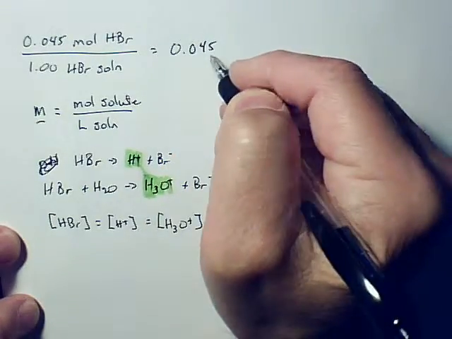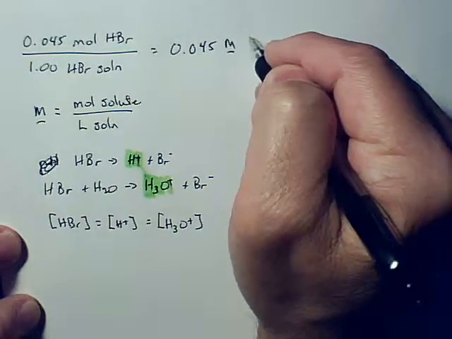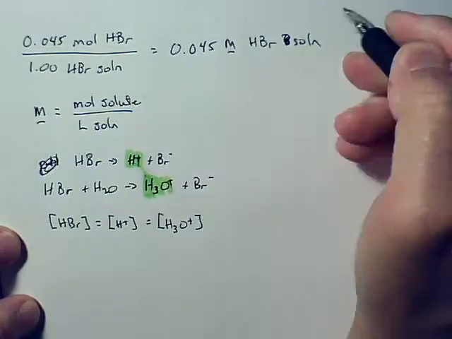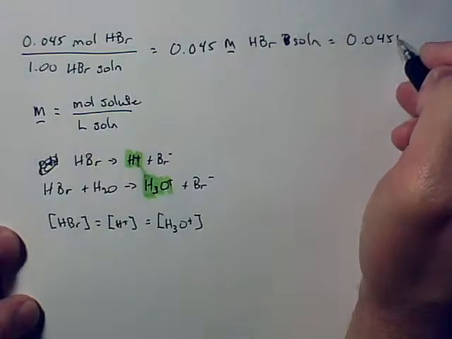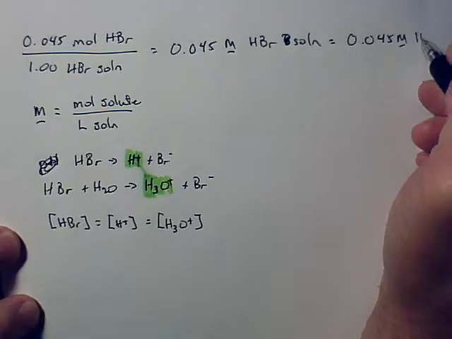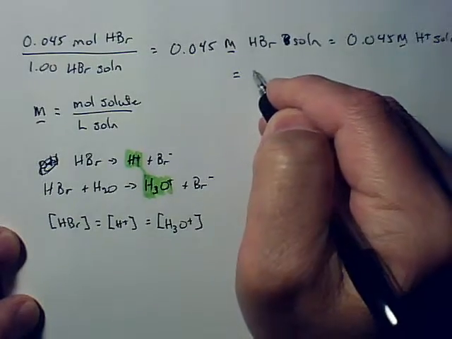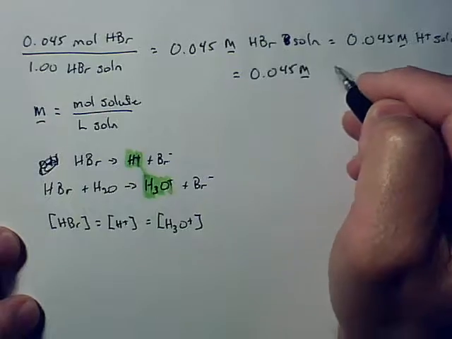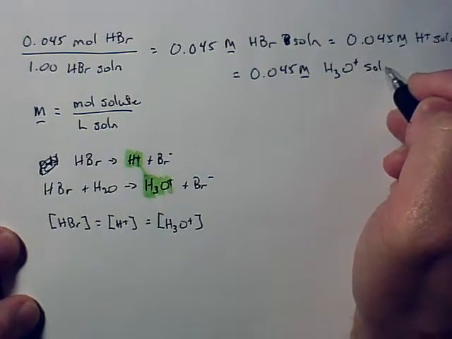0.045 moles HBr per liter of solution, which is the molarity of the HBr solution, which then is also the molarity of the H+, or this is the molarity of the H3O+, depending on which one of these two systems we want to use.